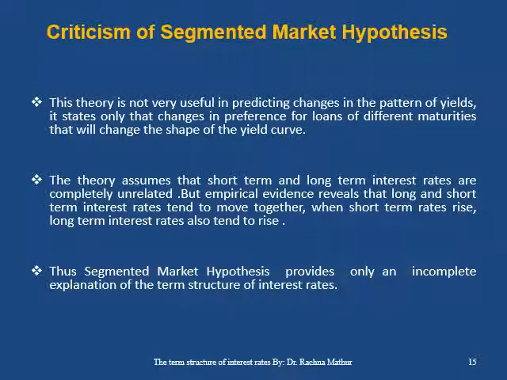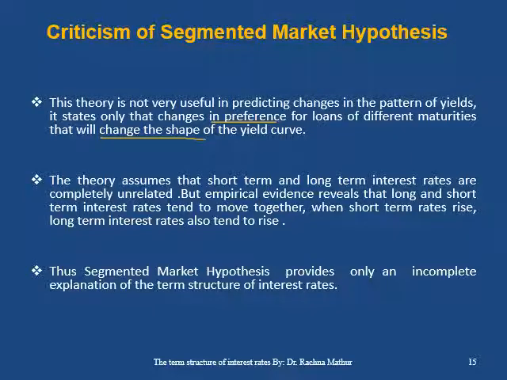Criticism of segmented market hypothesis. This theory is often criticized on the ground that it is not very useful in predicting changes in pattern of yield. It states only that changes in preference for loans of different maturity will change the shape of a yield curve.